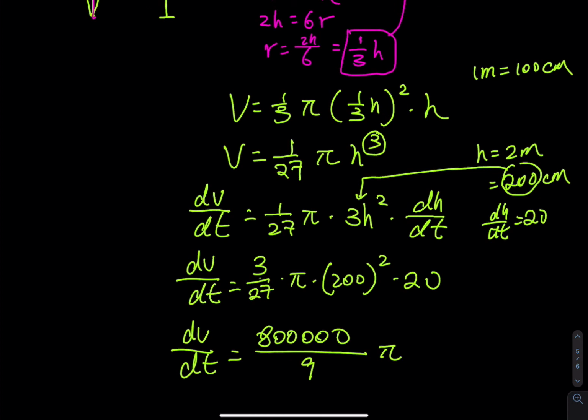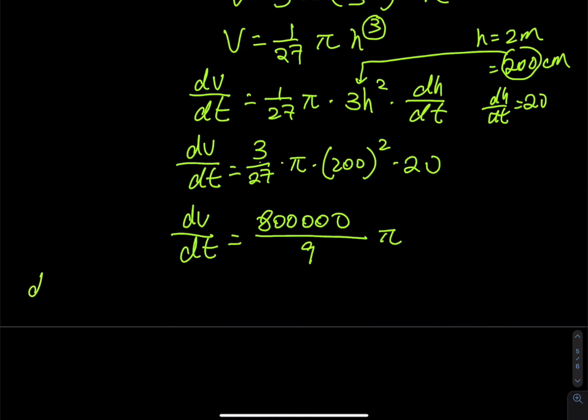And then, are we done? Is this the final answer? Nope, not yet, because we have fresh water going into the tank, and inside the tank we have water leaking out. So here is how we analyze dV/dt at a specific time: it is water going in, pumping in, minus water leaking out.